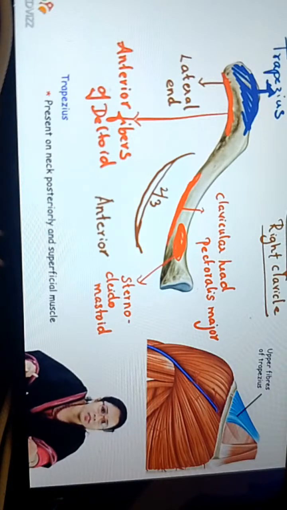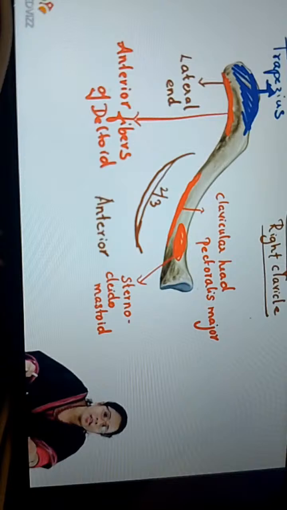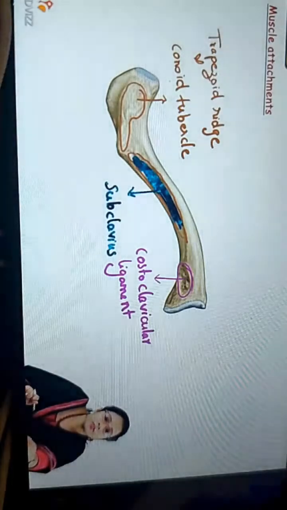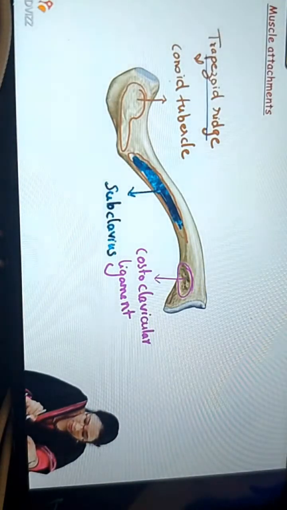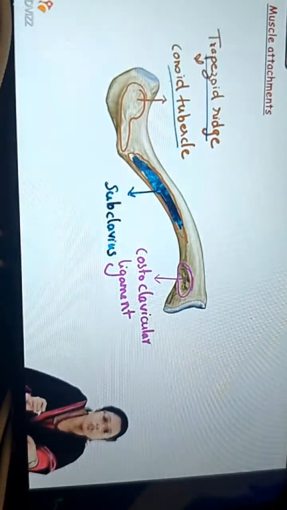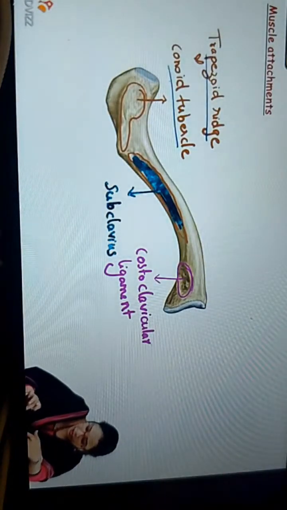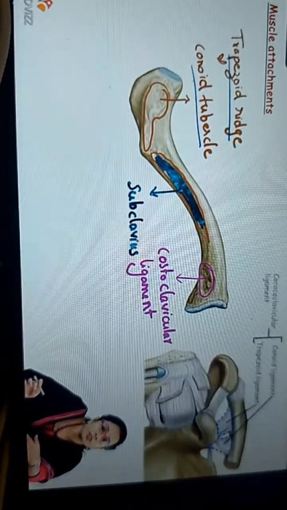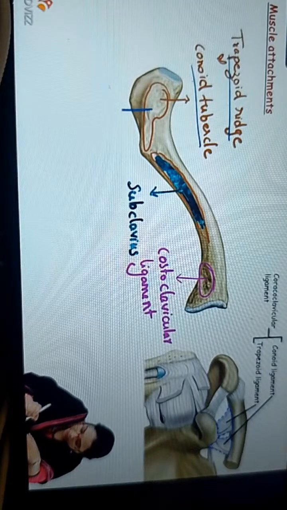It is a superficial muscle. The inferior surface exhibits the trapezoid ridge and conoid tubercle, which give attachment to a ligament called the coracoclavicular ligament.